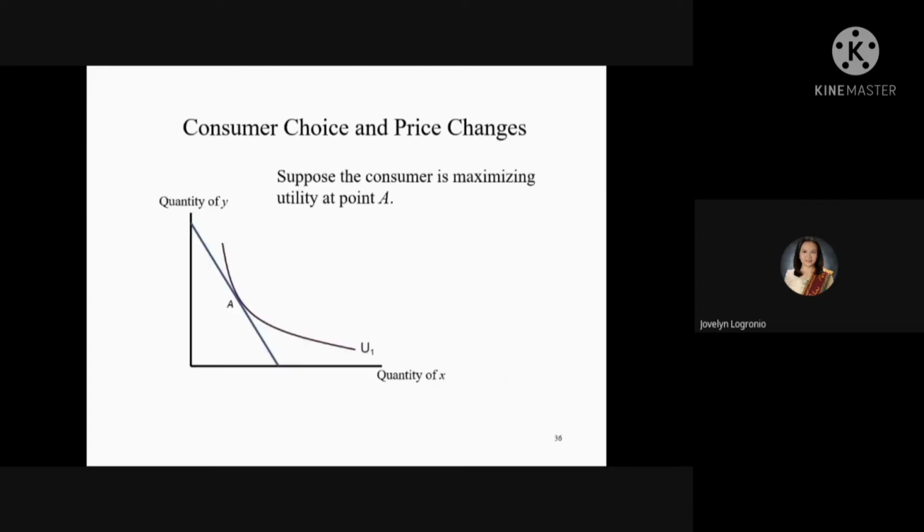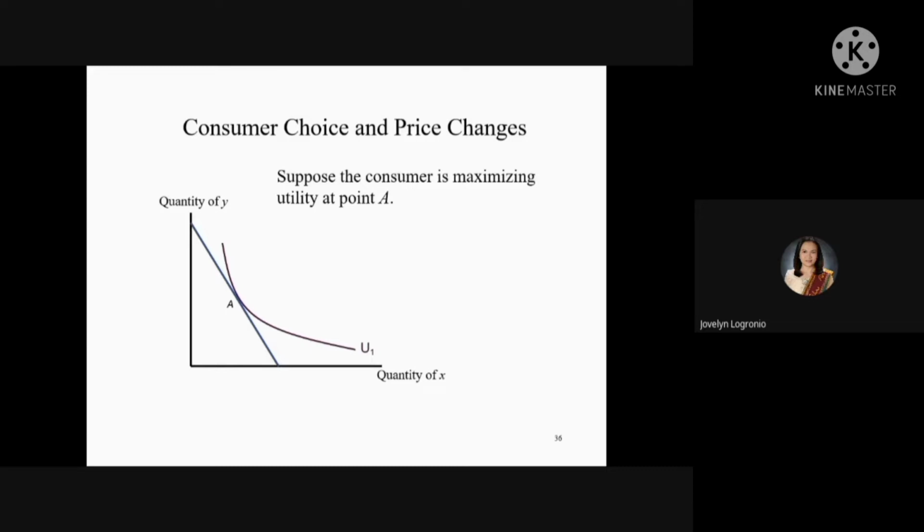Okay, let's illustrate now the two effects, substitution and income effects. Suppose the consumer is maximizing utility at point A. So point A is the optimum point or the utility maximizing point because the budget line and the indifference curve ay nagtangent.